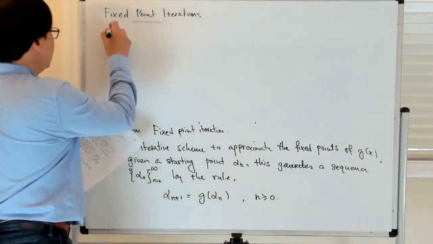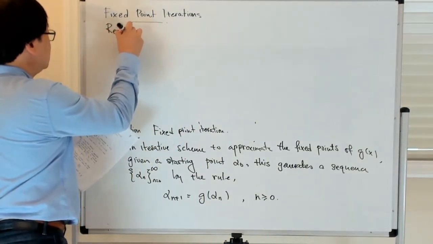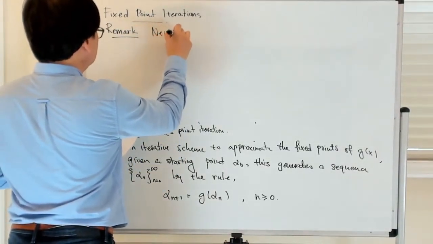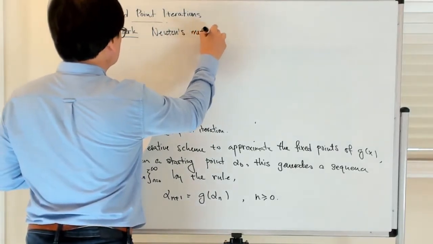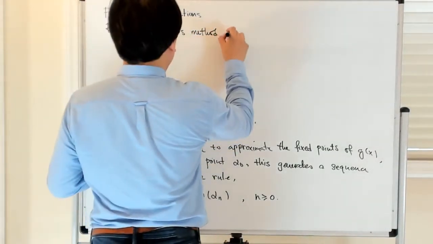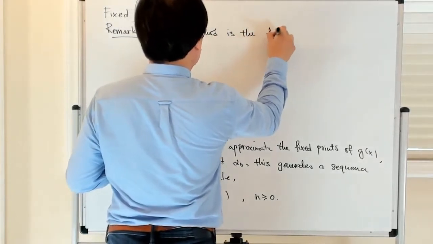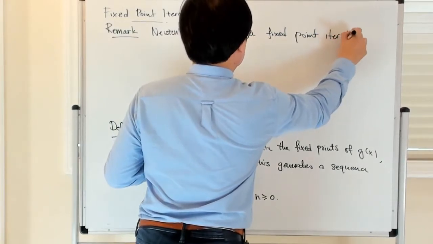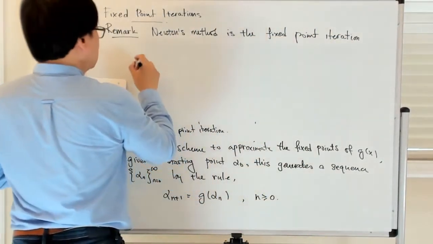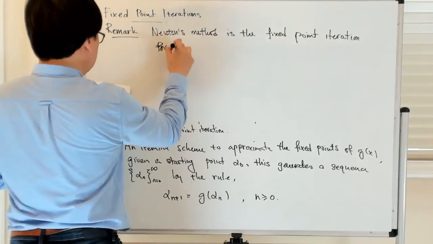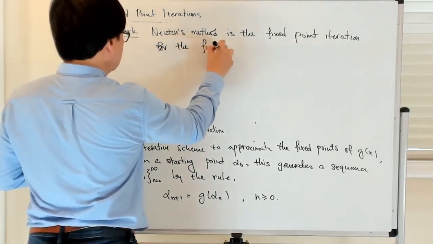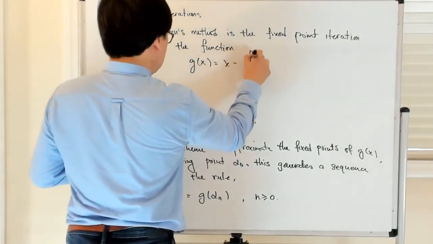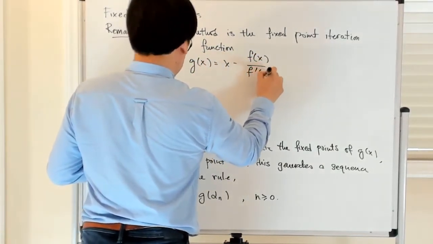So the remark is that Newton's method is the fixed point iteration for the function g of x, which is just x minus f of x over f prime of x.